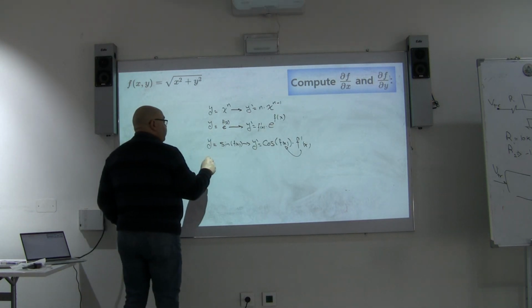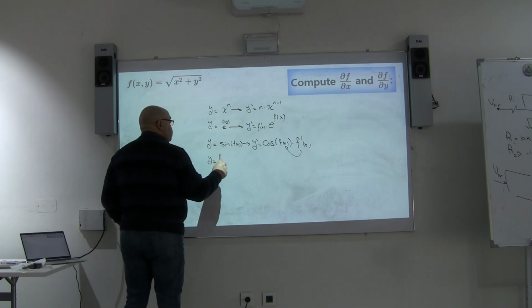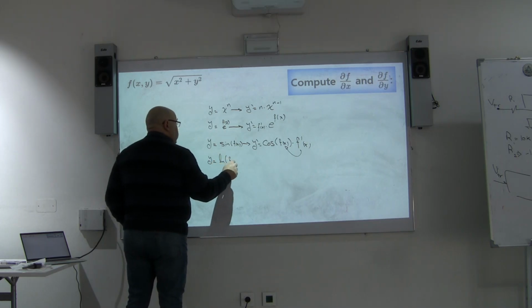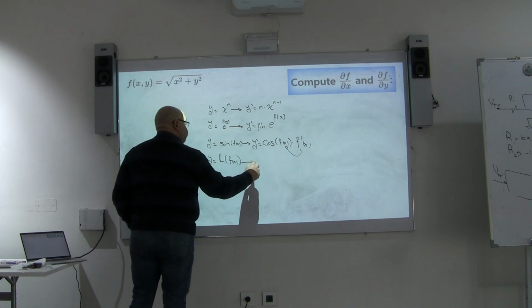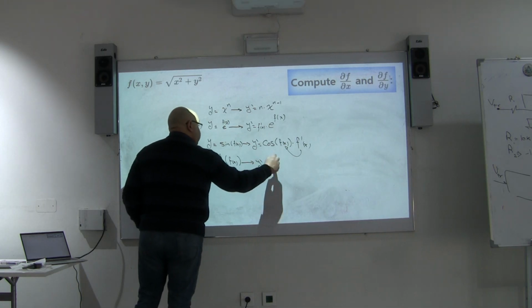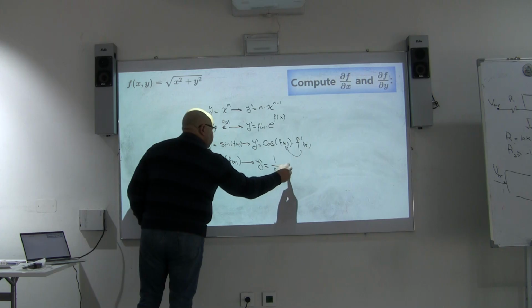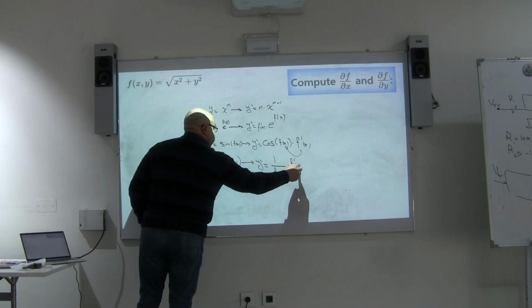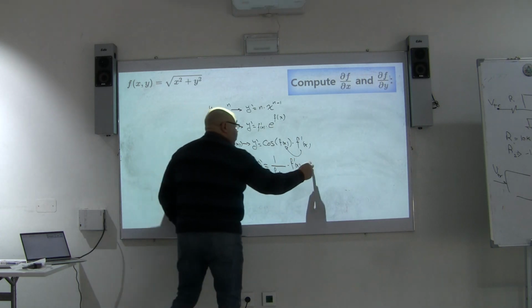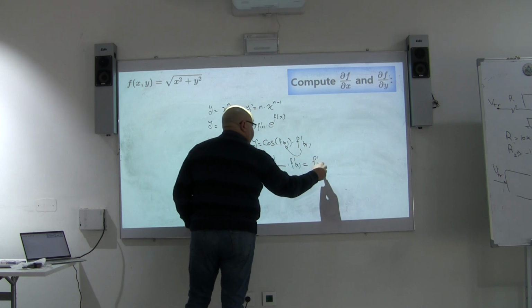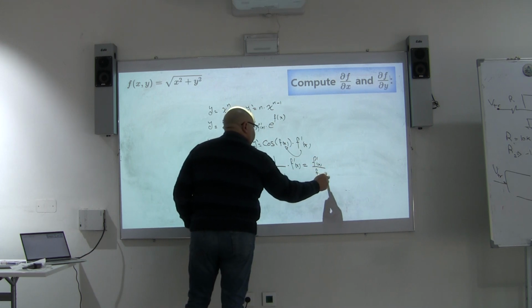Also, if I have y equal to ln of f of x, y dash is going to be 1 over f of x times f dash of x. And usually we write it as f dash of x divided by f of x.